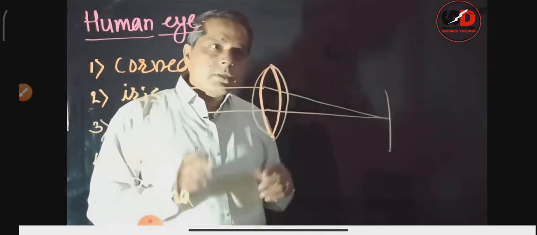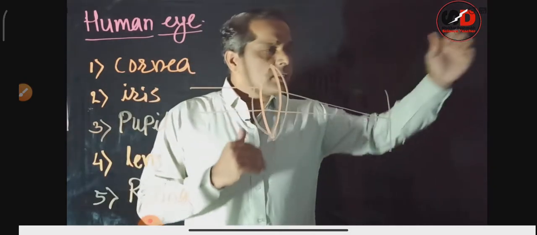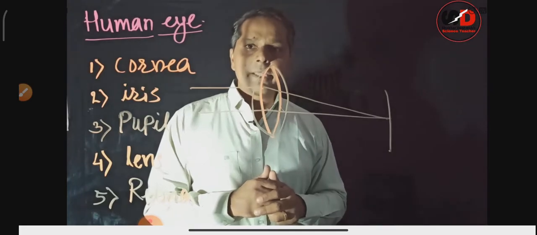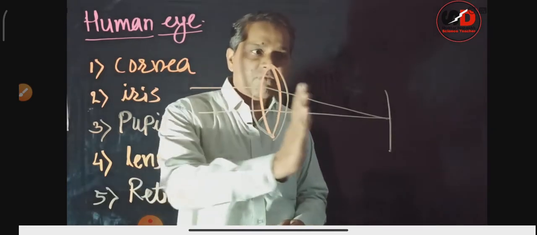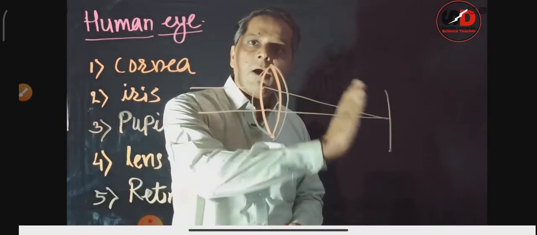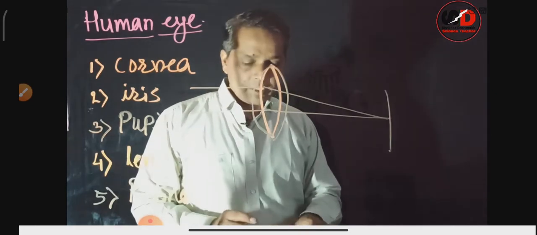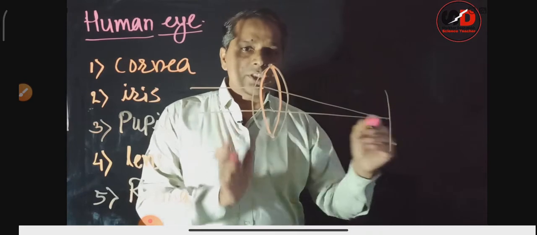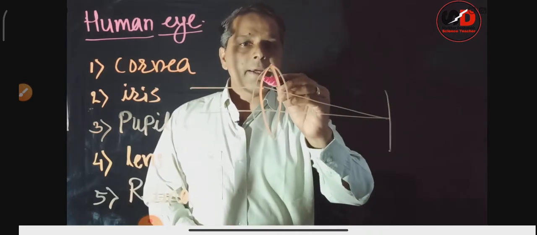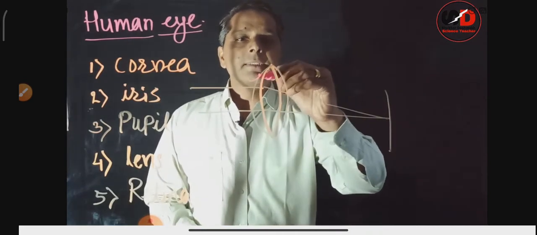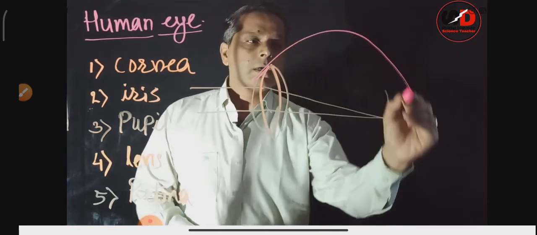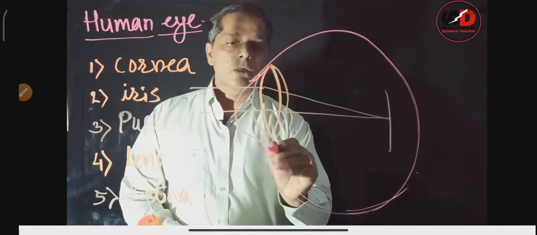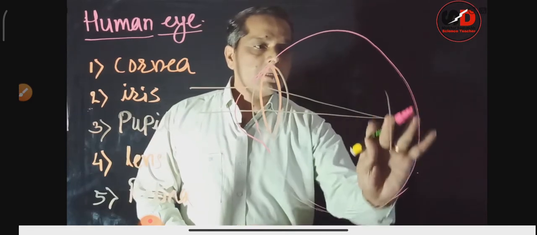If we see a distant object, if the object is very far from us, then we know the image is formed at the focus. Actually, we know the shape of the human eye, so it is somewhat like this.